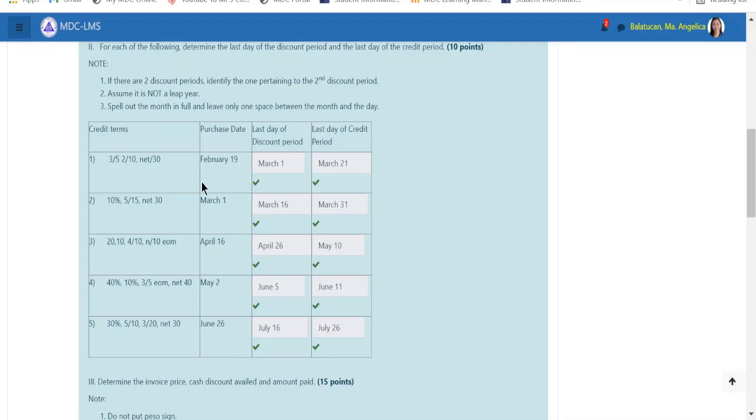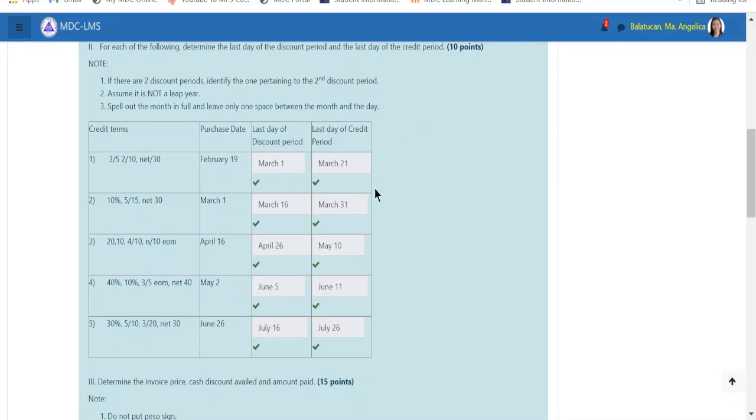So 19 plus 10, that's 29. But there would be no 29 for February, considering that in the instruction, we will assume that it is not a leap year. So we will use the day after February 28, which would be March 1.